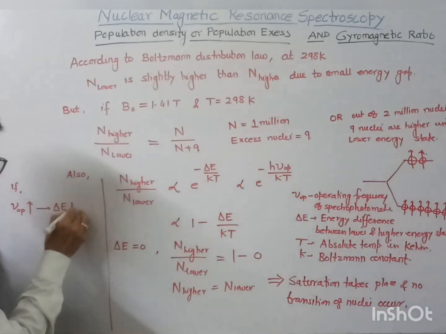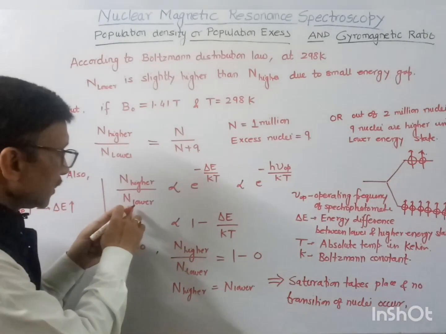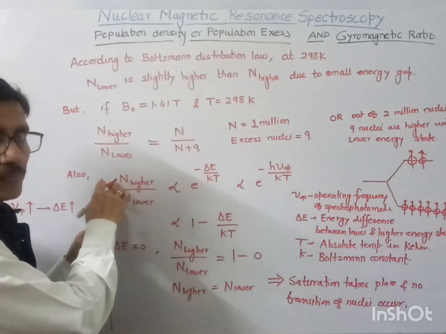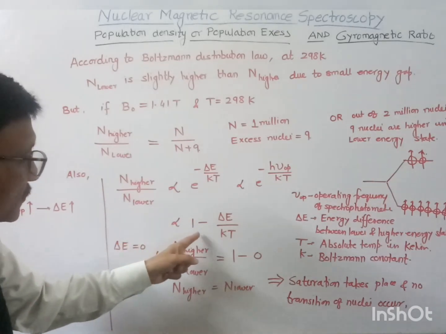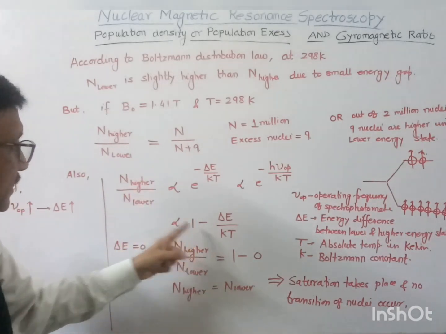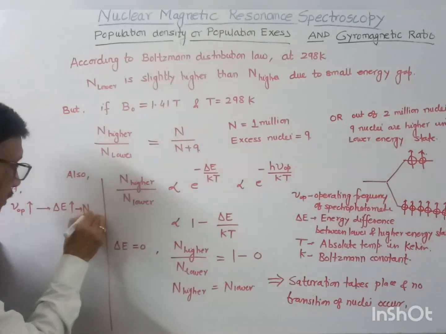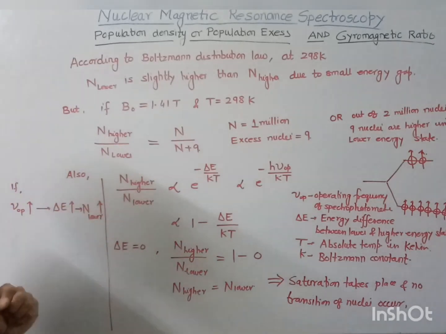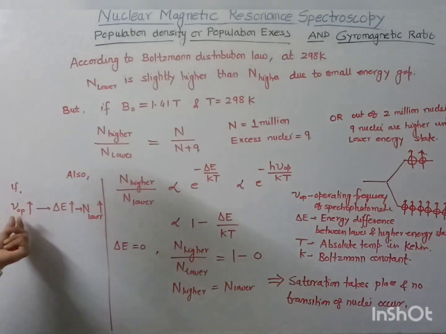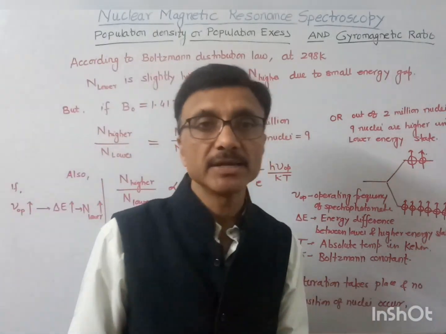If delta E increases, it means N higher decreases, because this is 1 minus, it means N lower also increases, and the number of nuclei in the lower energy state increases. So as we increase the operating frequency, the number of nuclei in the lower energy state increases.